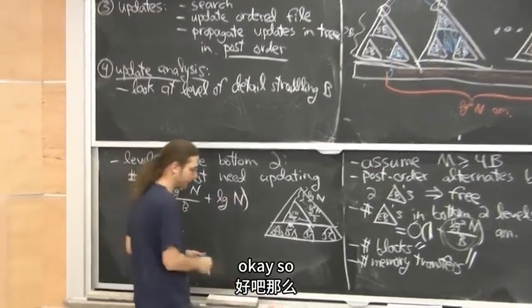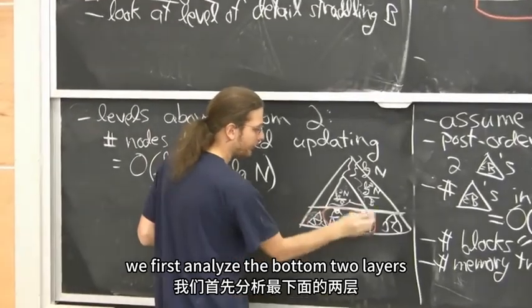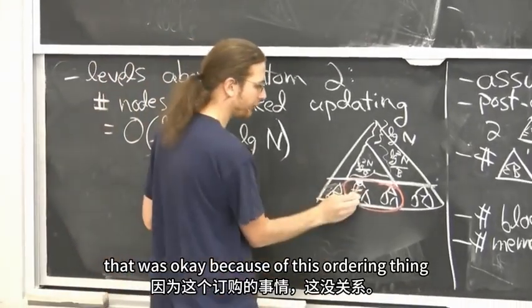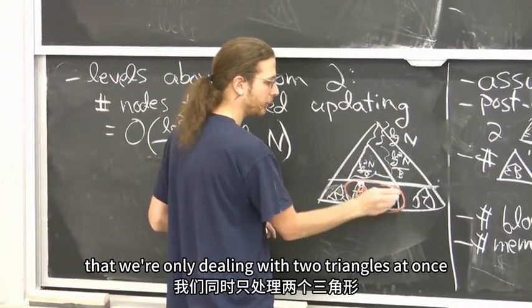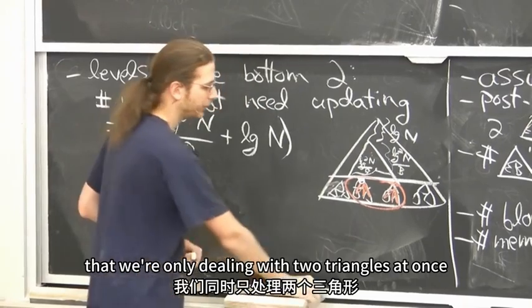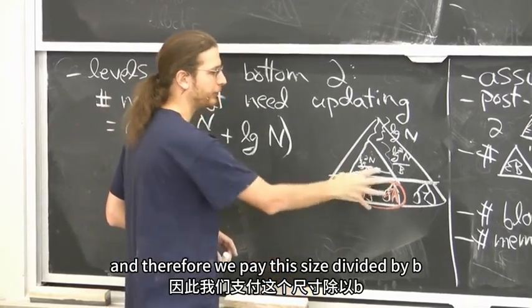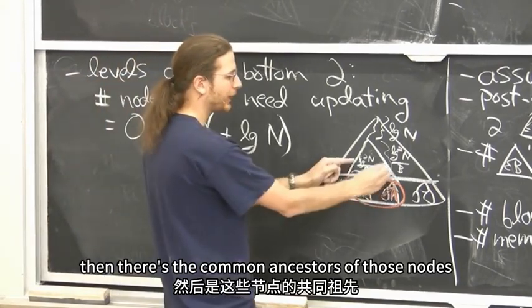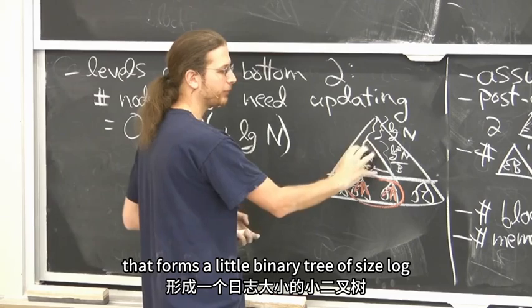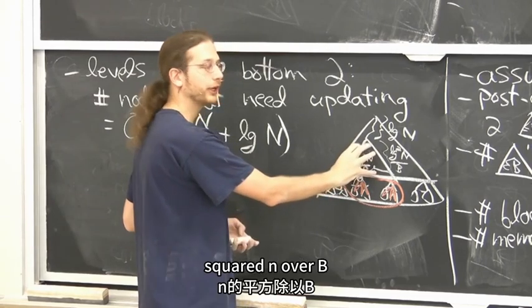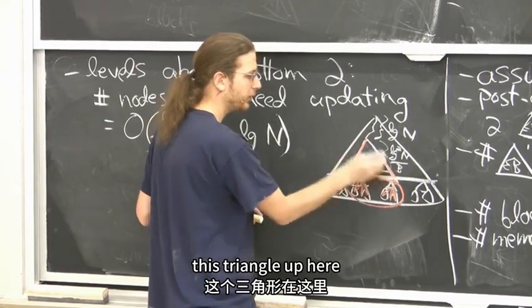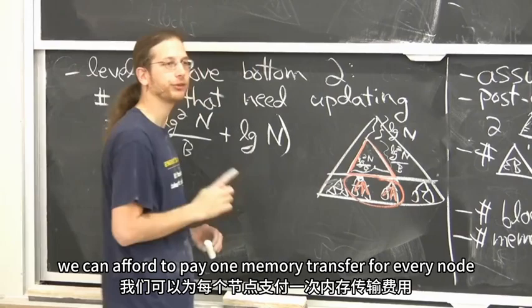Okay. So what's going on here is we first analyzed the bottom 2 layers. That was okay because of this ordering thing, that we're only dealing with 2 triangles at once, and therefore we pay this size divided by b, which is log squared n over b. Then there's the common ancestors of those nodes. That forms a little binary tree of size log squared n over b. For these nodes, this triangle up here, we can afford to pay 1 memory transfer for every node.